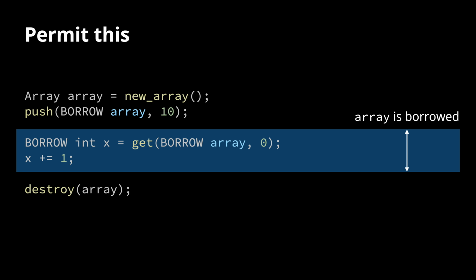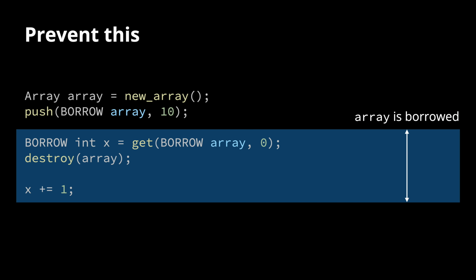What if I destroy the array and then try to increment x? Well, the region of the borrow lasts for as long as x is in use, and now the attempt to destroy array falls within that region where array continues to be borrowed. And because array is borrowed, it's not available to be accessed at all. You can't touch it because it's still borrowed by x. So we get a compile error, array is borrowed.